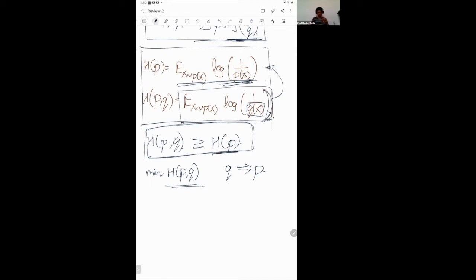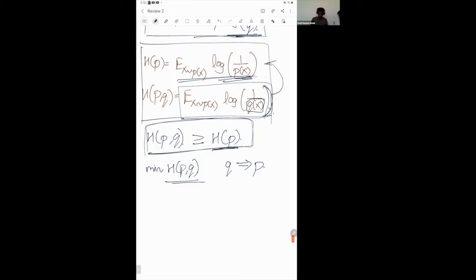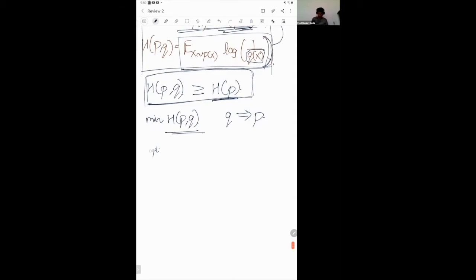So if I'm minimizing h of p, q with respect to q, what I arrive at is making q closer to p. Is this making sense?